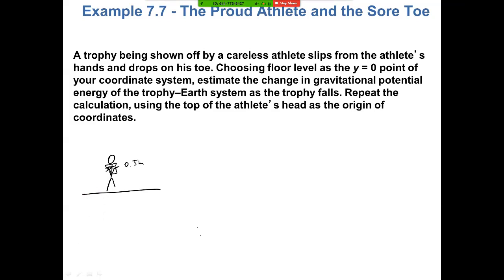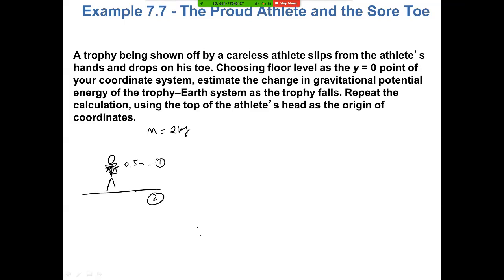Then one of the things we can do here is take the mass of the trophy, which is not given in this example, but let's say it's 2 kilograms. So we're going to start with this position 1, and it's going to hit the ground at position 2.